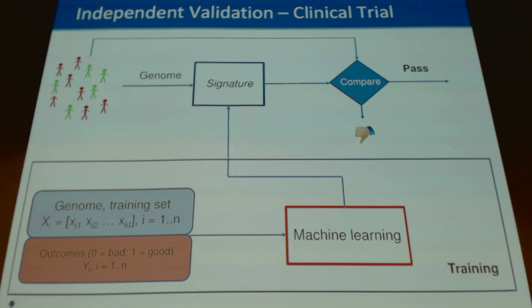Getting another population and retraining, that's in clinical and practical terms usually not possible. So there is your one chance to get it right. Having been there a couple of times, it can be a pretty tense moment. But eventually, at least some of these tests do pass and get used in clinic.